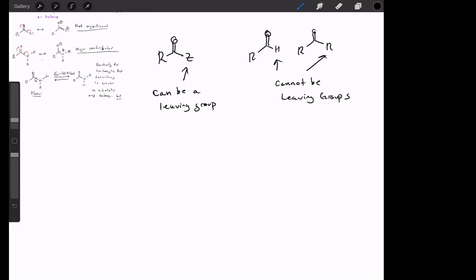So again, the chemistry for carboxylic acid derivatives is similar when it comes to the carbonyl group itself, but the addition of this heteroatom that can act as a leaving group brings up a bunch of other possibilities for chemistry that aldehydes and ketones can't do. That's what we're really going to focus our attention on, and that's called nucleophilic acyl substitution.